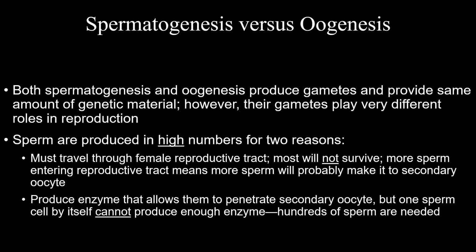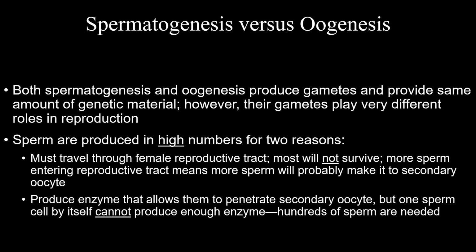Sperm are continuously produced in high numbers after the onset of puberty, and this high sperm production occurs for two reasons. First, sperm have to reach the secondary oocyte to fertilize it, and to do so, they have to travel through the dangerous female reproductive tract. I say dangerous or hostile, inhospitable for the sperm.